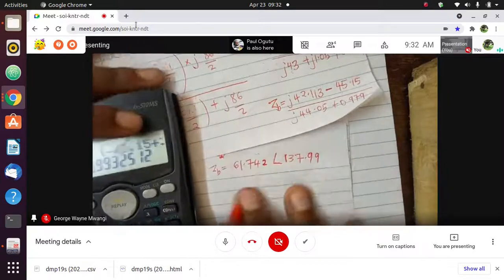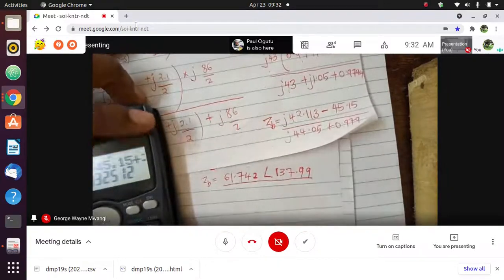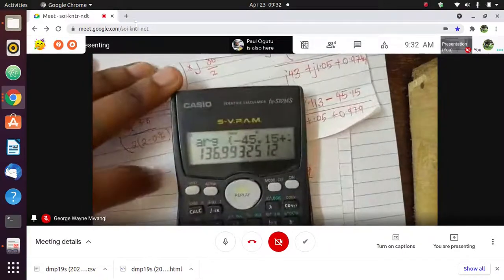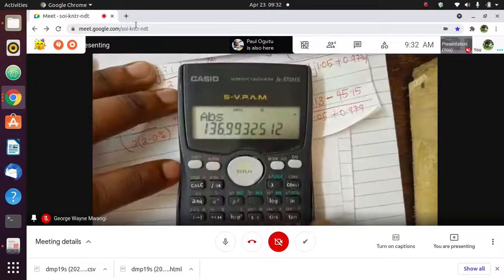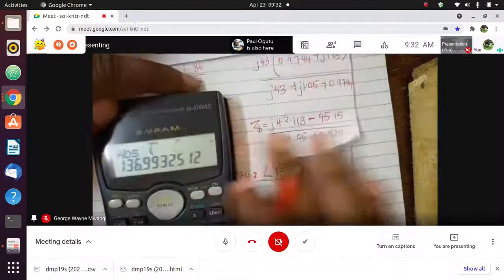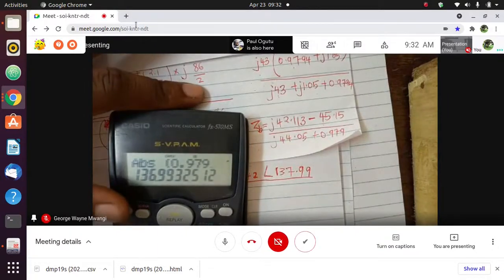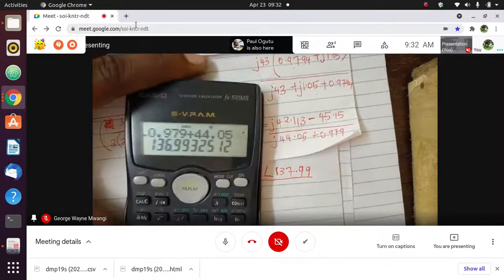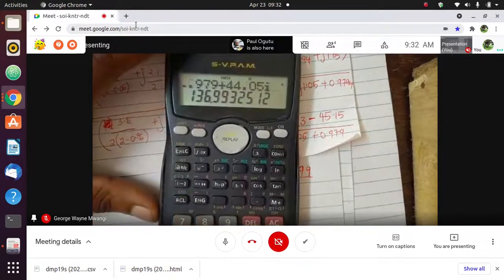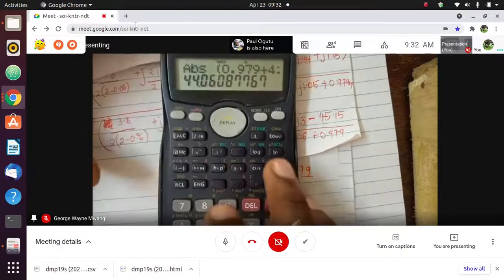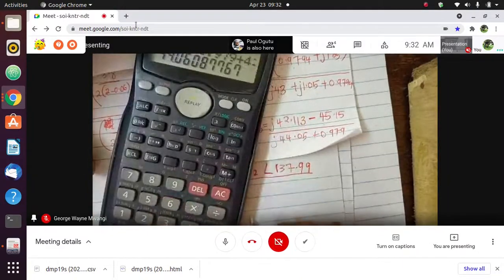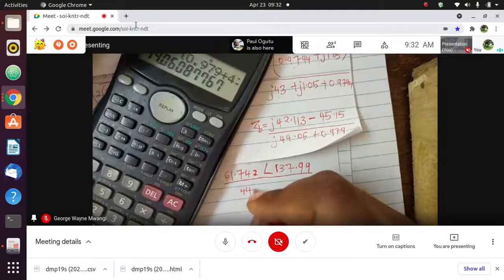Now that is our numerator. What about our denominator? We do the same. Shift, absolute. You input the values of the denominator, so 0.979 plus 44.05 I, to give you the value 44.06.